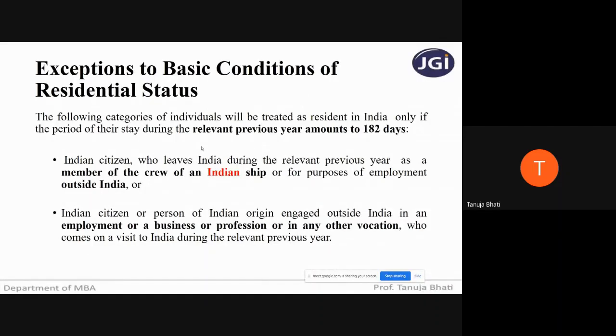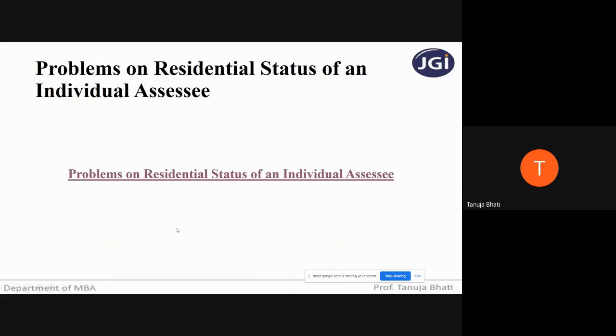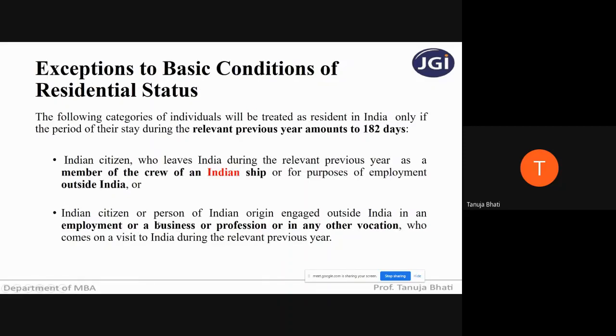In that case, how will you check whether he's a resident or non-resident? You just have to see whether in the relevant previous year he stays at least 182 days. That is it. If in respect of only these two, that is, a member of a crew of an Indian ship and any person leaving India for business or profession or employment purpose, you have to check only 182 days. You need not check the second condition.